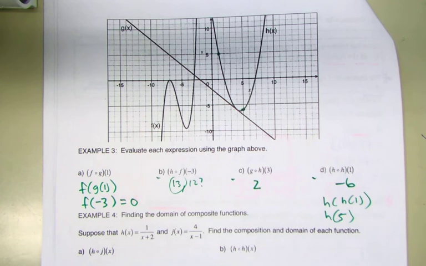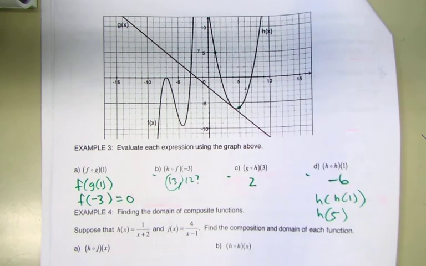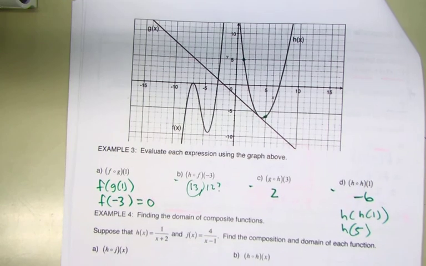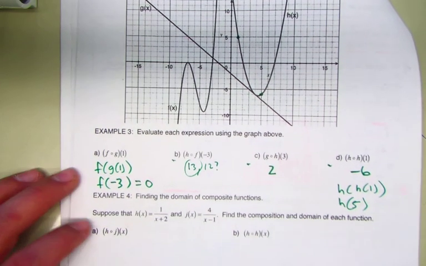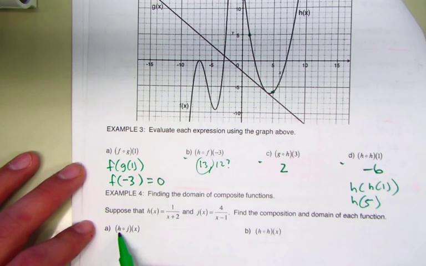Okay. So let's start talking about the domains now. And now you're going to start to see what we learned yesterday. Here we have h of j of x.